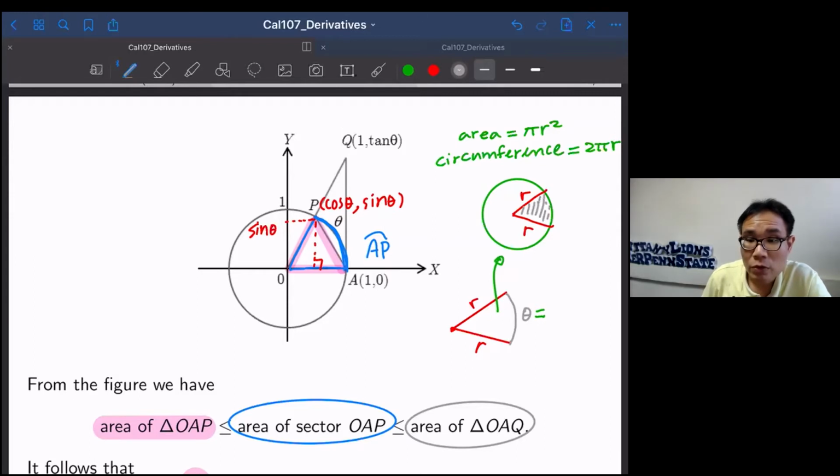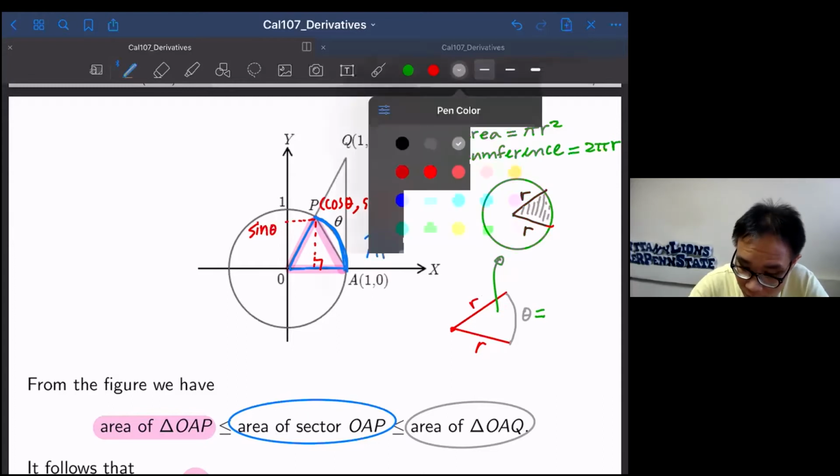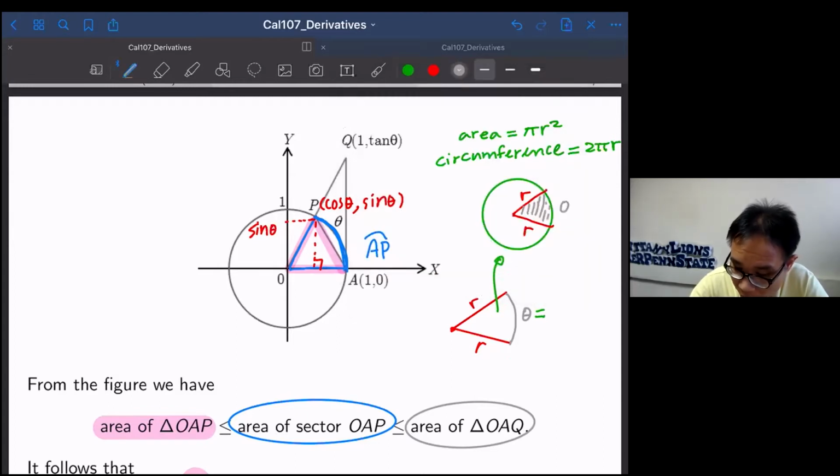Basically, it's going to turn out to be how much theta you have here, and that is going to measure it. It's going to be like 2 pi. So in this case, for the whole thing, for 2 pi r, it's going to be pi r square.